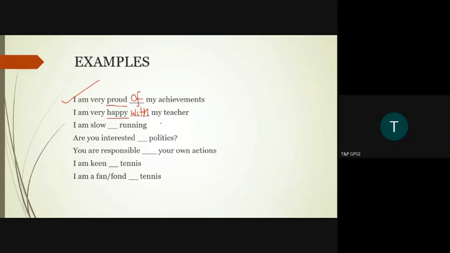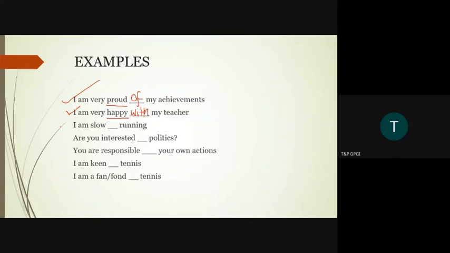But often what I have heard students or people use is of: I am bored of this game. That's not a correct sentence. You can say I am bored with this game, or I am bored by this game. So we are done with of, we are done with with. Okay, so moving on.